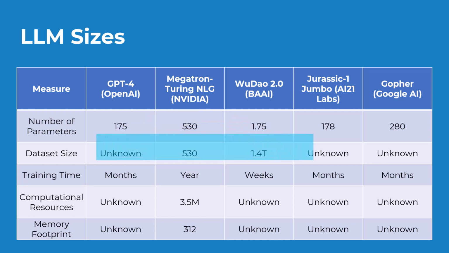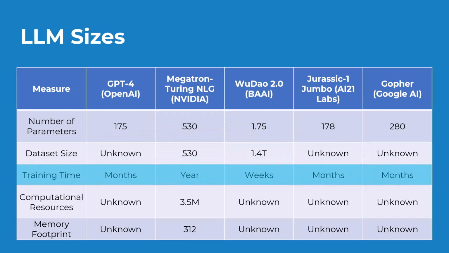And the training time, while an estimate here, is also staggering. It takes months for most of the models to ingest, process, and learn from their training data. Overall, you and I, we could probably live out our lives very comfortably on the money that's being invested here.